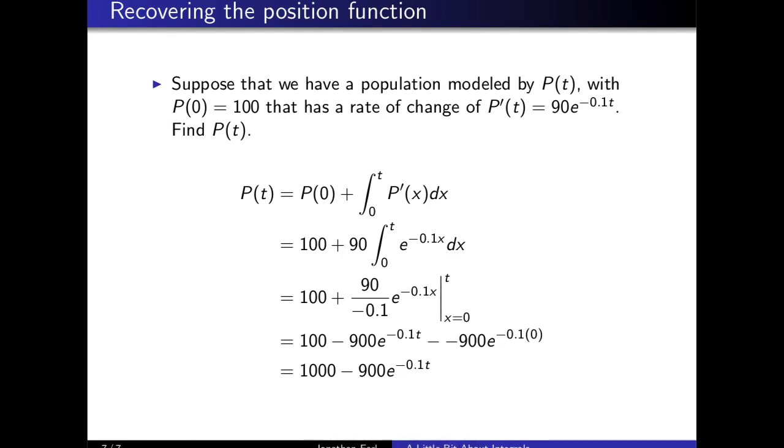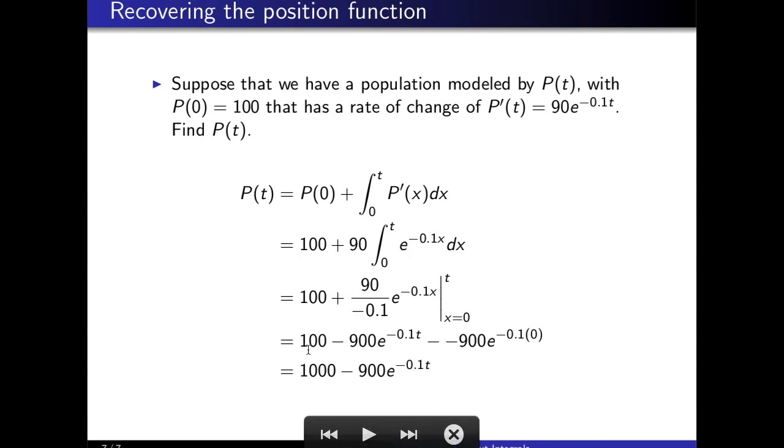Our rate of change for the population is 90 e to the minus 0.1x. And from that rule that we had for integrals of exponentials, we'll get that the function is 90 over 0.1 e to the minus 0.1x, and we're going to evaluate this expression at x equals t and x equals 0.